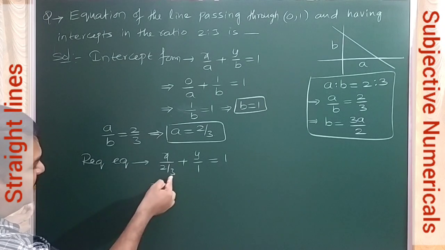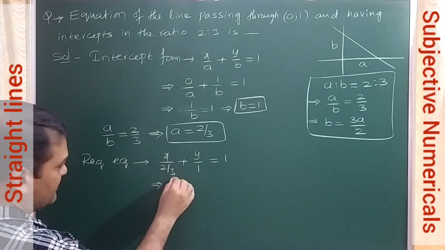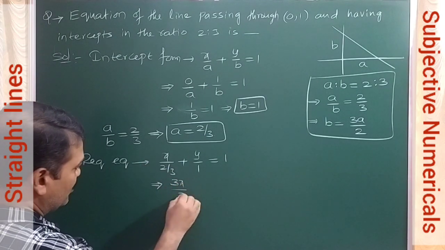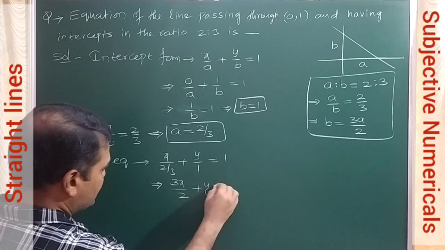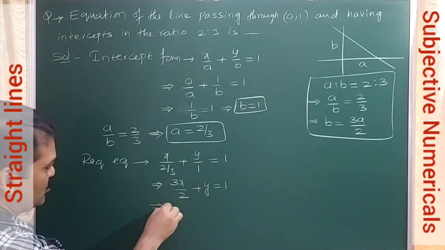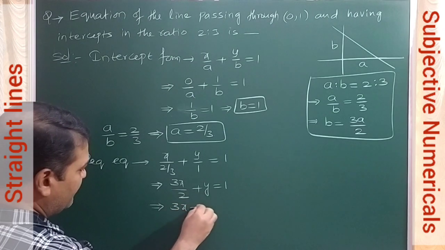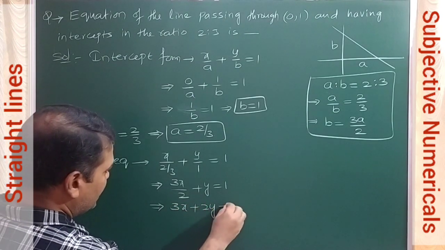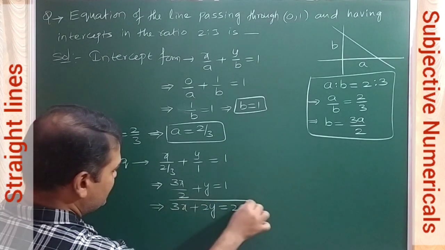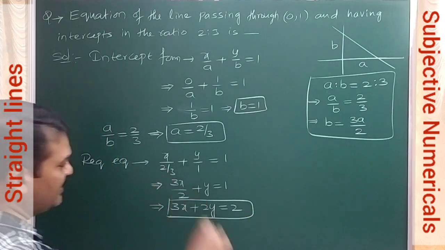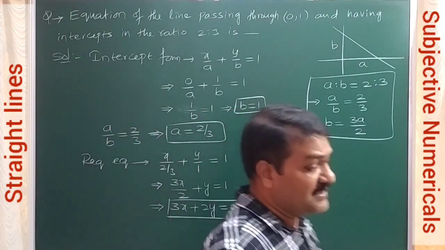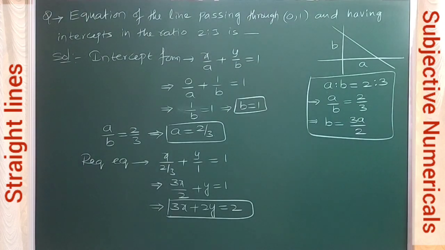So this 2 by 3 is taken onto the numerator. So therefore we get 3x by 2 plus y is equal to 1. So when we take LCM, we will get 3x plus 2y is equal to 2. So this is the required equation of the straight line whose intercepts are in the ratio 2:3.